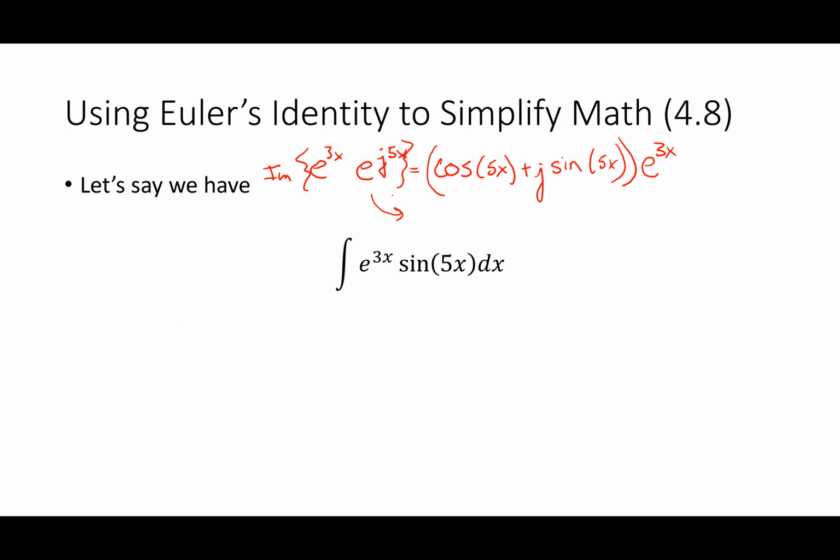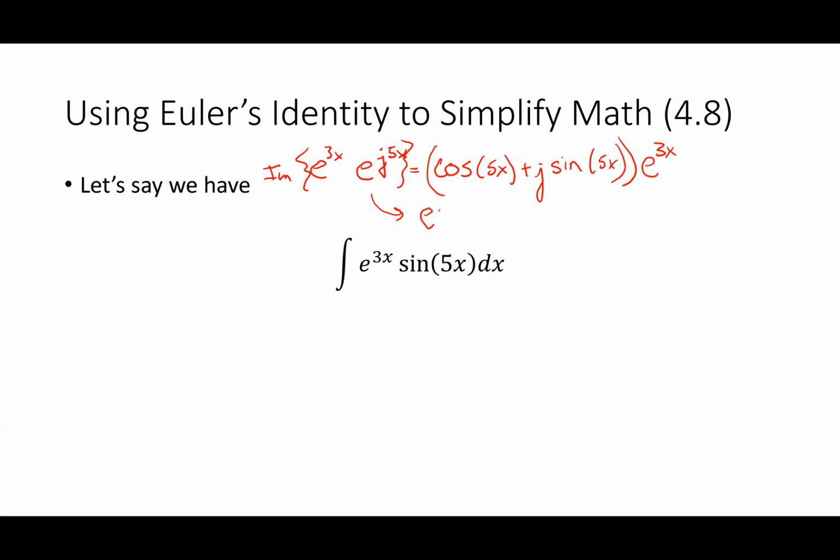e to the j 5x is not the imaginary part of that. e to the j 5x is a complex number. Sine of 5x. j sine 5x. Not quite. It's just the sine 5x. That times e to the 3x. Yep. So the j doesn't count. The imaginary part is always the coefficient.